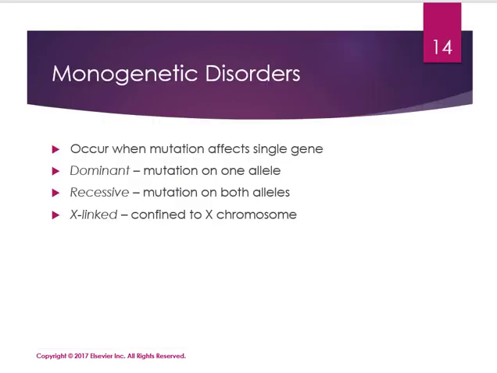Next, let's talk about types of genetic disorders. There's monogenetic disorders, and this happens when a mutation affects just a single gene. Dominant, meaning a mutation on one of the alleles, recessive on both, or X-linked confined to just the X chromosome.